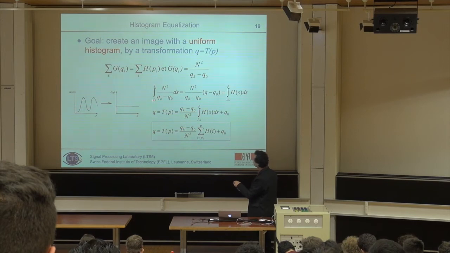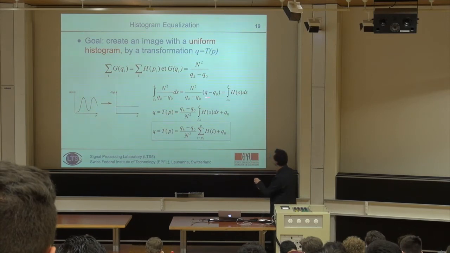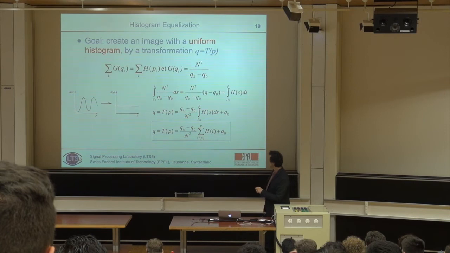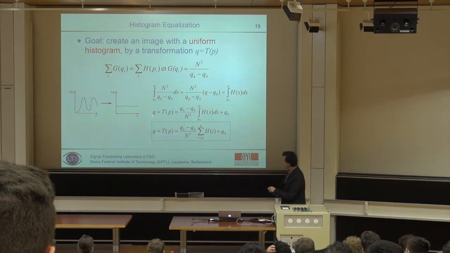So if I integrate from 0 to a given value of that, it corresponds to the integral from 0 to another given value in the original image of the original histogram. I'm solving this now. So for each value, the integral here is the same as here. I can isolate now what Q is, which is this. And so now I get Q equal that, if I play with that.